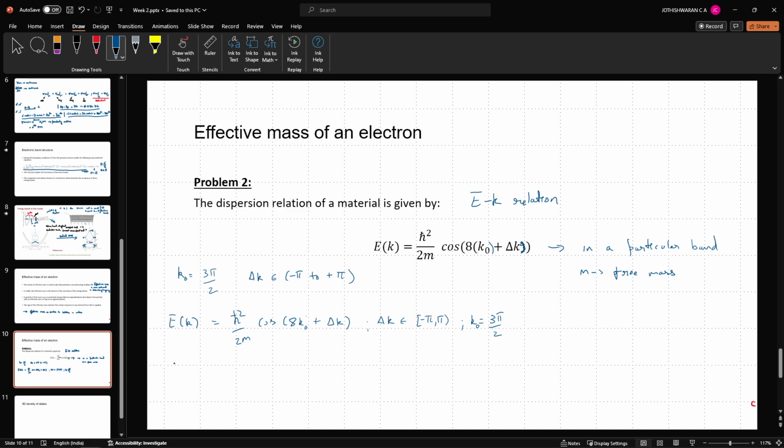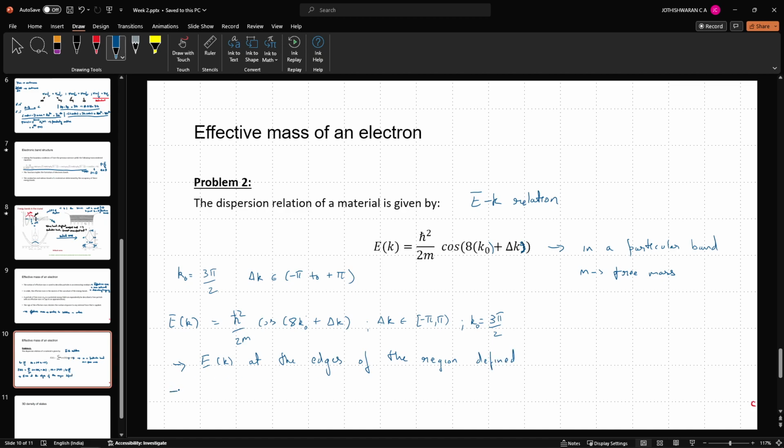What we shall do in this is we shall first find the value of E at the edges, so E of k at the edges of this region defined. That is the first part.